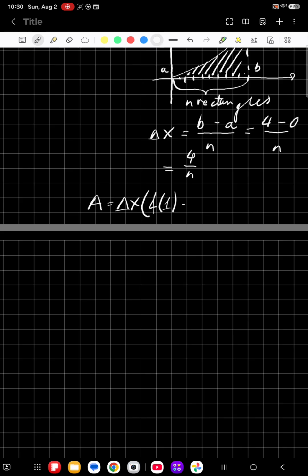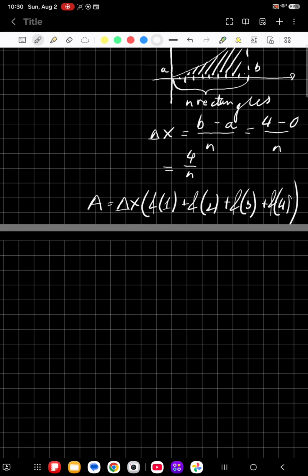I'm still focusing on that 4, where B is 4 and we're calculating the area between 0 and 4. So I'm doing F of 1, F of 2, F of 3, F of 4.